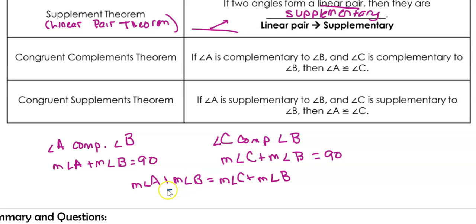And then I could subtract the measure of angle B on both sides. So that cancels out and that cancels out. And we're left with the measurements of the angles have to be equal.